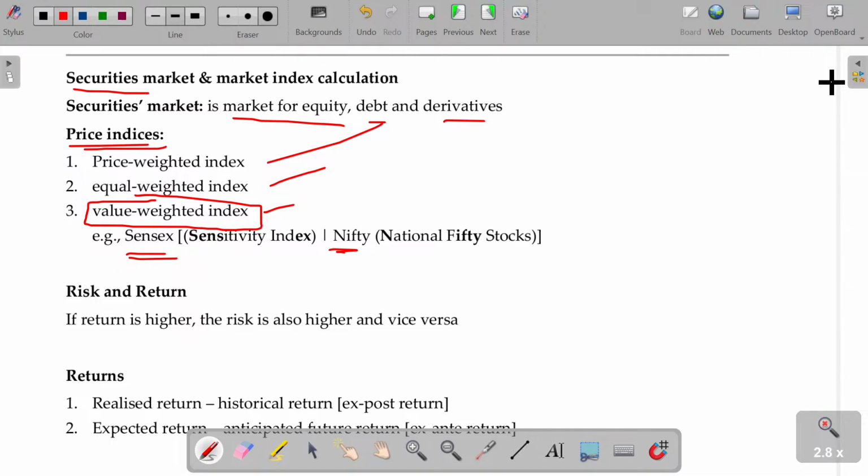Hope now you understand how we can calculate the Nifty and Sensex in India. One of the most favorable methods is value weighted index, which is nothing but market capitalization. Even if you study further, these details are given in more elaborated form, but of course your examination does not require those things. Only this idea is more than enough.